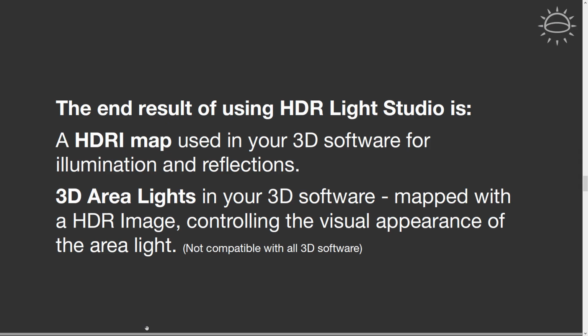So the end result of using HDR Light Studio is a HDRI map that is used in your 3D software for the illumination and reflections. And then depending on the connection that you use, it also creates 3D area lights in your 3D software, and these are mapped with the HDR content from HDR Light Studio, which controls the visual appearance of that area light.